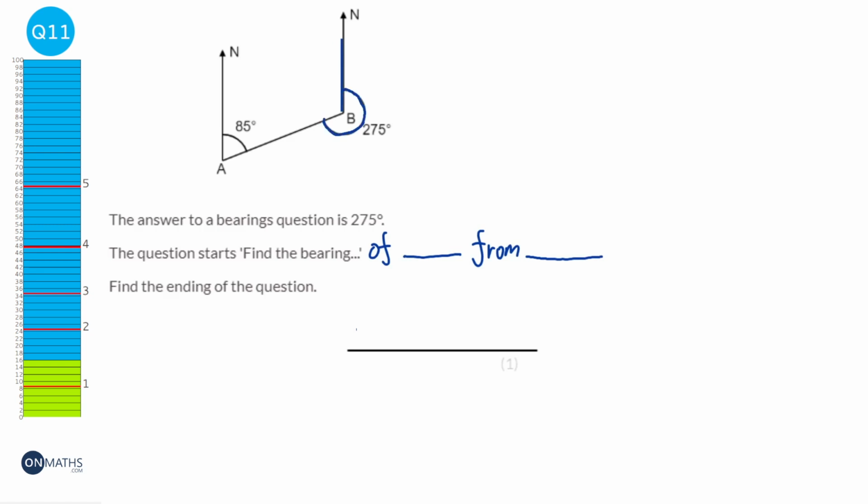So we currently are at B, and we're looking at the angle of A. So the question would be find the bearing of A from B.